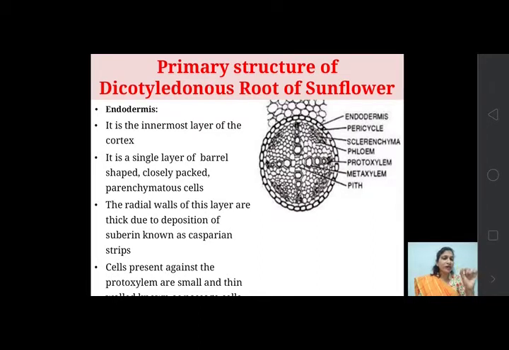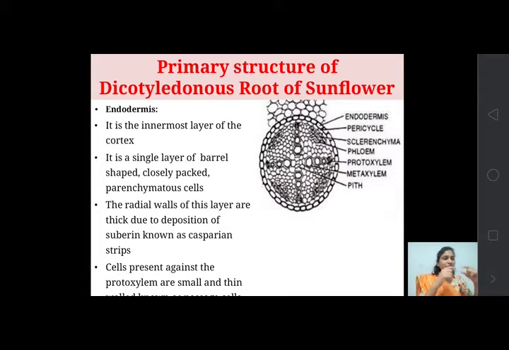These protoxylem, when they are present against the endodermal cells, only those endodermal cells which are present against the protoxylem are thin walled. Why are they thin walled? Because they have to transfer water from that protoxylem to the cortex through these endodermal cells.